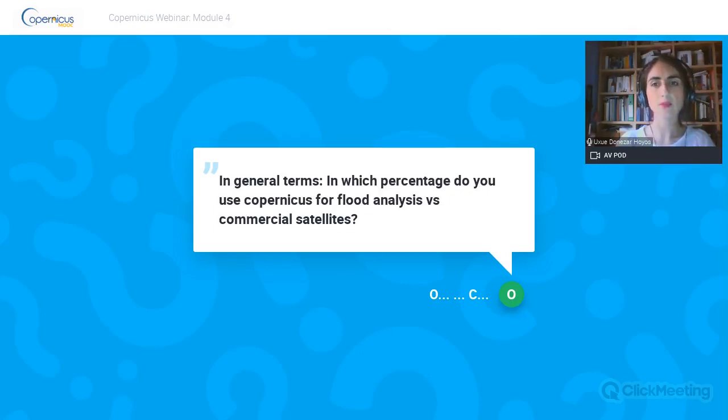And you have to take into consideration that we always have to use the image that is acquired at the precise moment of the flood. For instance, you can find Cosmo images easily in Italy because they have an arrangement, but in general Cosmo is not that easy to find. It's not easy that Cosmo is looking at the place that we wanted to look at. So yeah, 80% Sentinel-1.